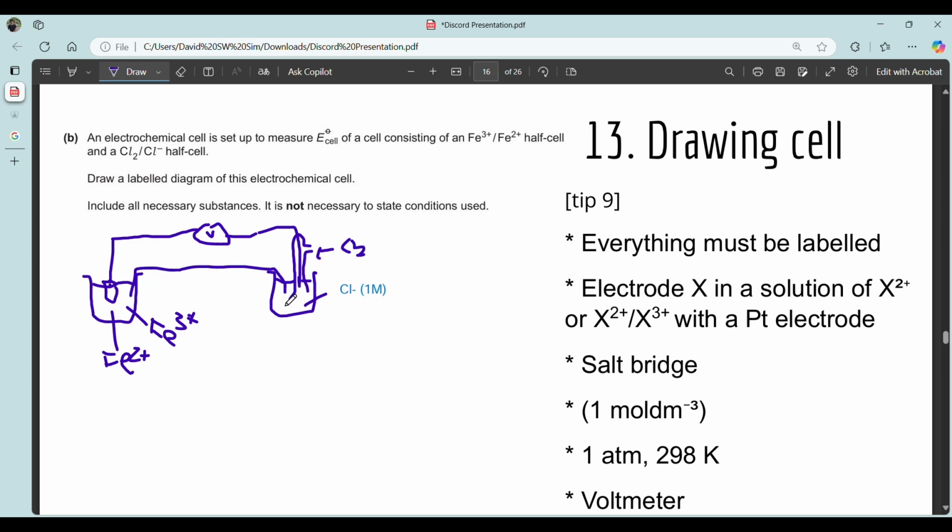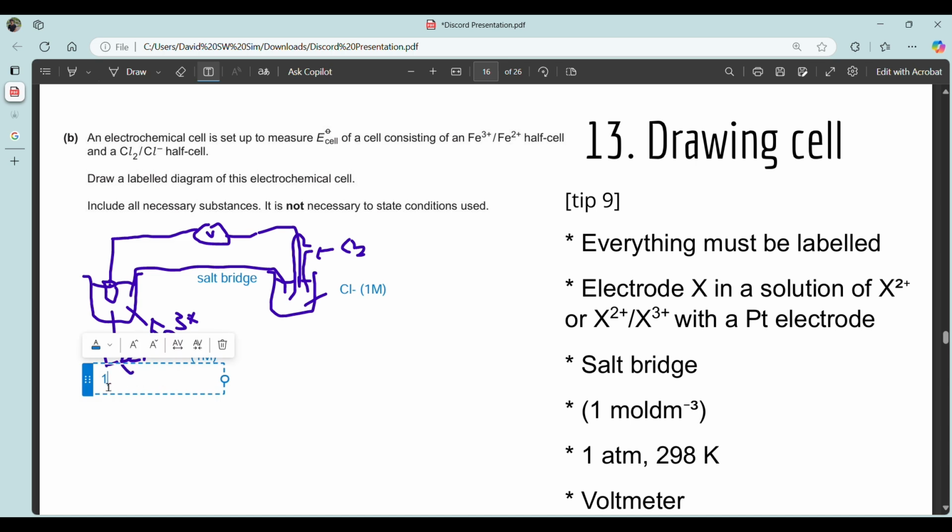The mistake I see a lot of people making is they forget to label the salt bridge. This one you have to label as the salt bridge. And they also forget to specify that the Fe3+ and Fe2+ are both at 1 mole.